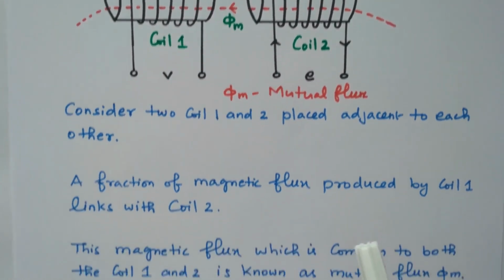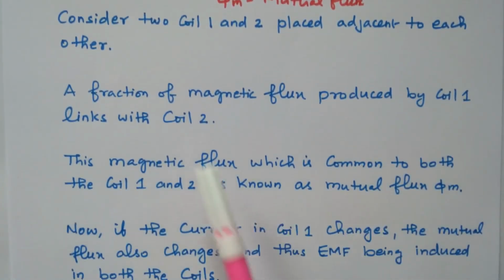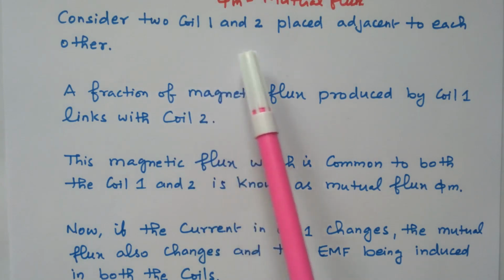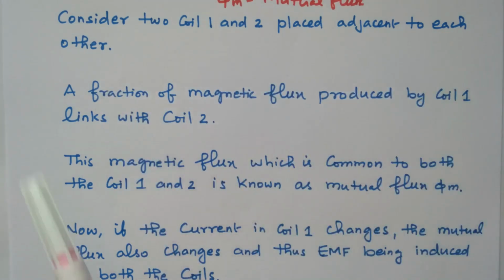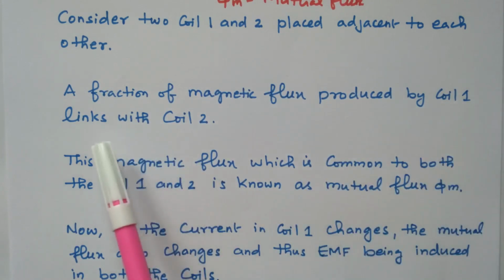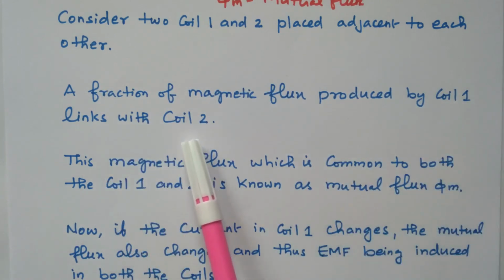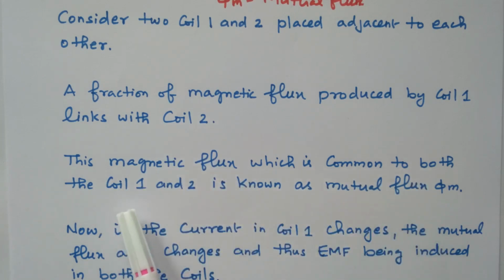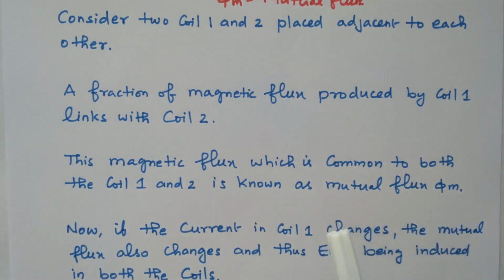Now we will see the description. Consider two coils 1 and 2 placed adjacent to each other. The fraction of magnetic flux produced by coil 1 that links with coil 2 is the mutual flux. The magnetic flux which is common to both coil 1 and 2 is called the mutual flux, phi m. It is indicated in the diagram.